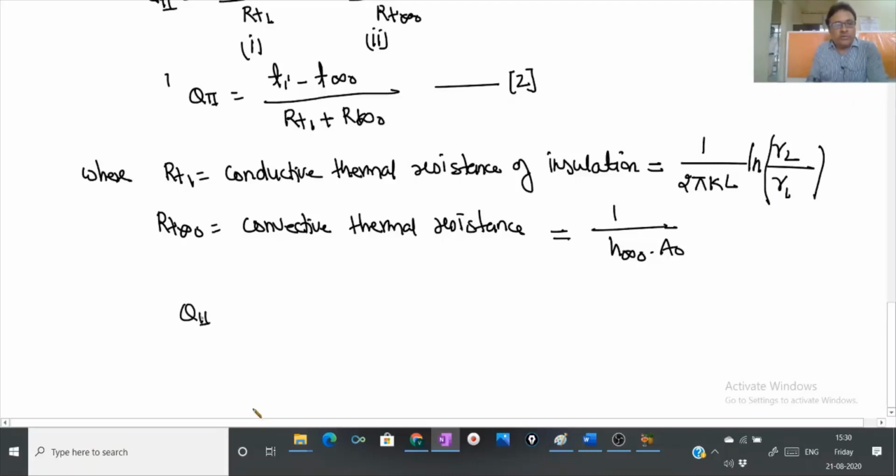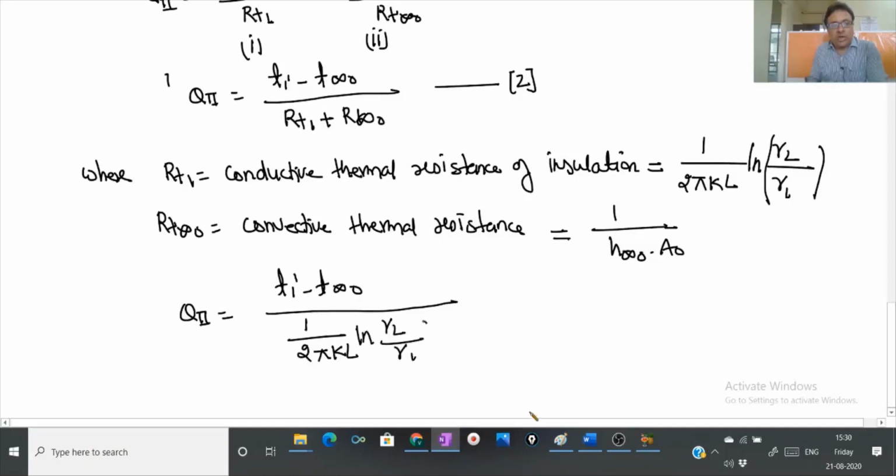So Q2 becomes T1 dash minus T infinity O over log of R2 over R1 over 2 pi k L plus 1 over h infinity O into A1.